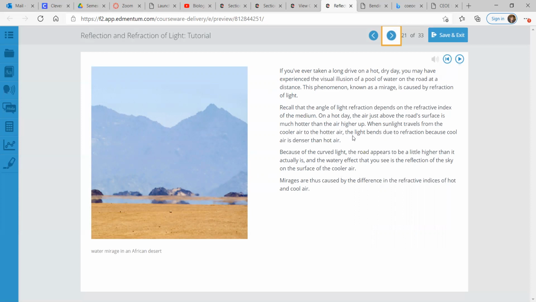When sunlight travels from the cooler air to the hotter air, the light bends due to refraction because cool air is denser than hot air. Because of the curved light, the road appears to be a little higher than it actually is. And the watery effect that you see is the reflection of the sky on the surface of the cooler air. Pretty neat. And this is a mirage in an African desert.